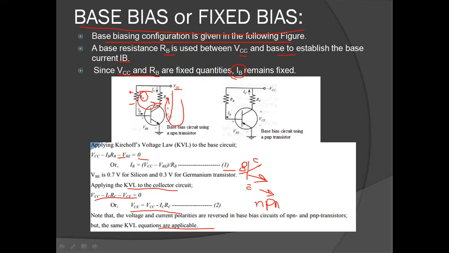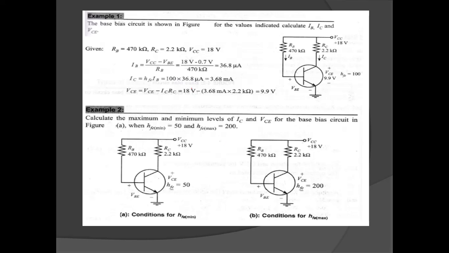So this is the NPN transistor base bias, and the corresponding PNP transistor base bias is this one. Whenever the transistors are connected in this way, it acts as a base bias or fixed bias amplifier. Let us solve a problem based on this base bias circuit.